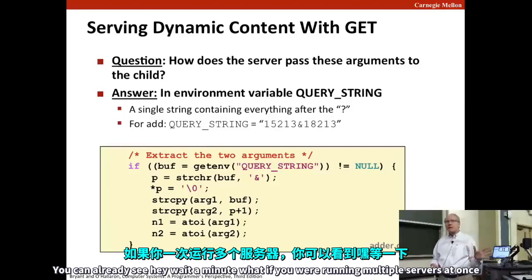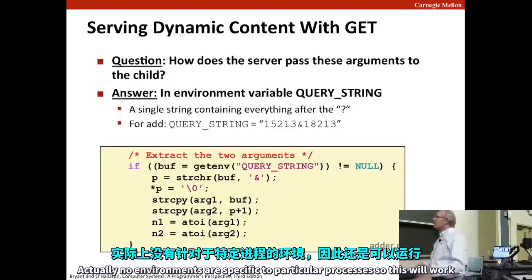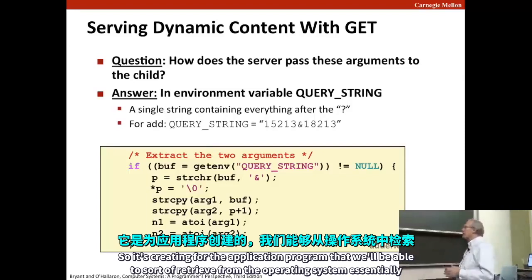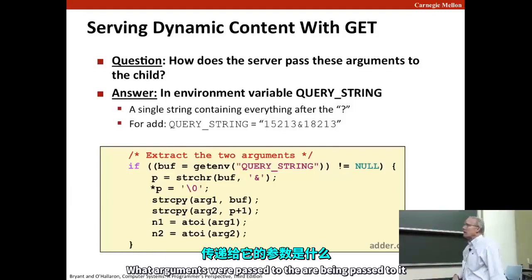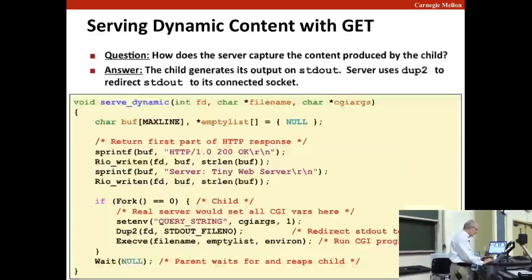You can already see, hey, wait a minute, what if you were running multiple servers at once? You can see you've got a problem here. But actually, no, environments are specific to particular processes, so this will work. So for the application program, we'll be able to retrieve from the operating system what arguments are being passed to it.